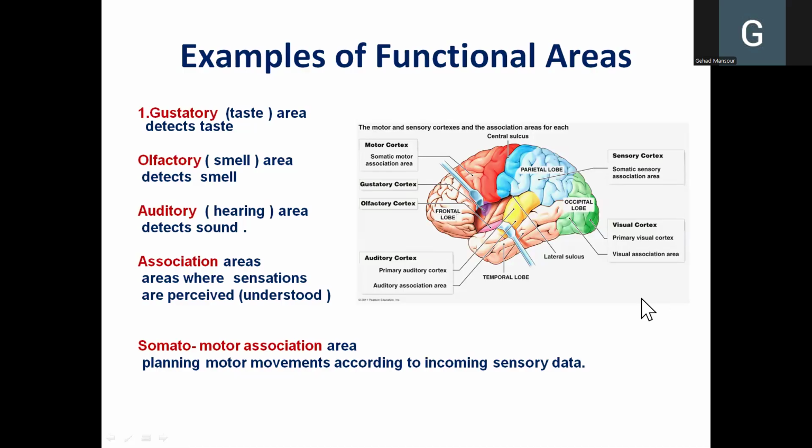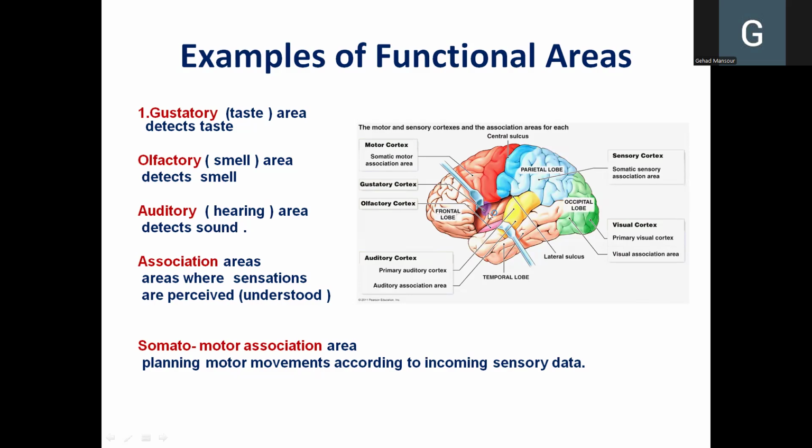Morning. We stopped at the end of the first video, and we are going to continue explanation of the functional areas in the brain. Last time we were talking about the fifth lobe of the brain, or the insula, and we said that the insula is deeper than the rest of the lobes, and you can see it only by retracting the frontal lobe and the temporal lobe.